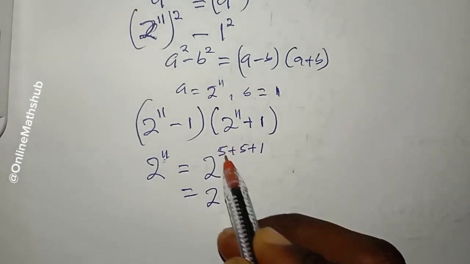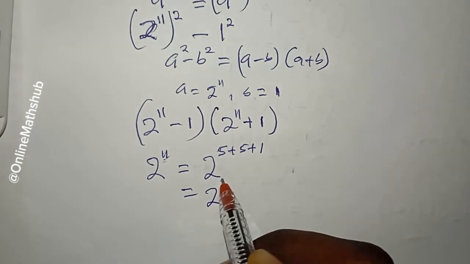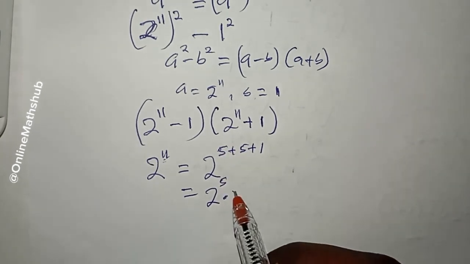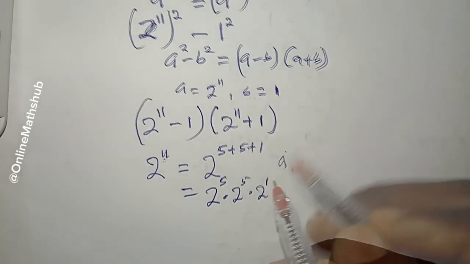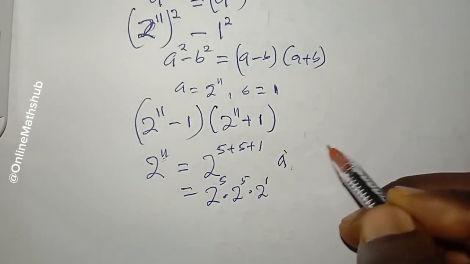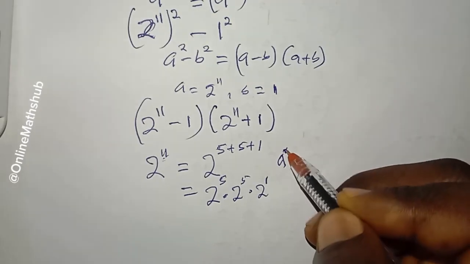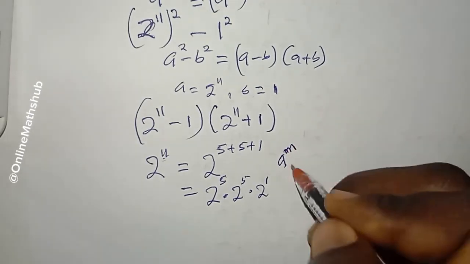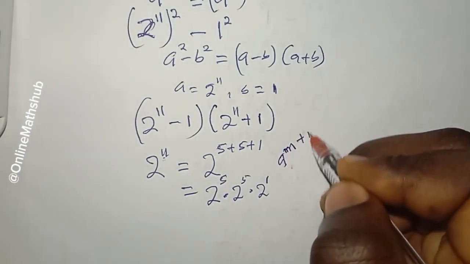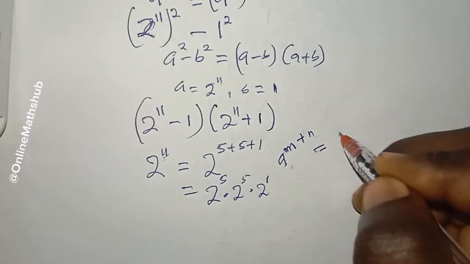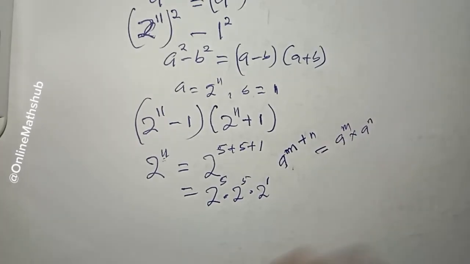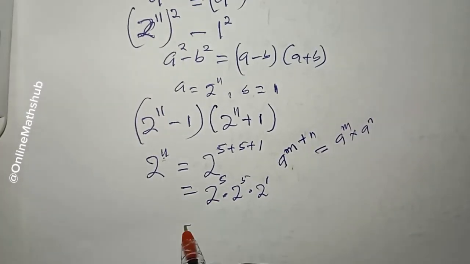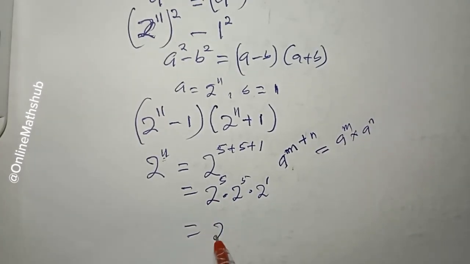Using the law of indices, I can write it as 2 power 5 multiplied by 2 power 5 and multiplied by 2 power 1. This is the product law of indices, which says that a power m plus n can be written as a power m multiplied by a power n.